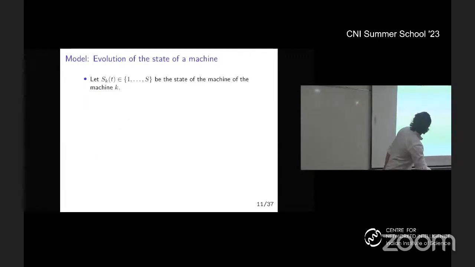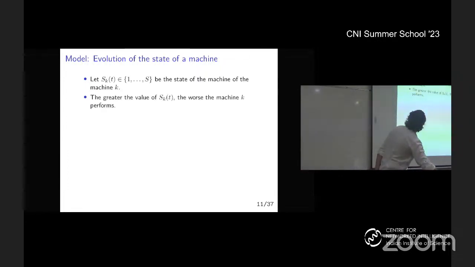So let's try to be a bit more precise with the notation. I will just try to keep it as simple as possible. Let's say that Sk of t is living in a finite set, which is the state of the machine k at time t. And basically, the greater the value of Sk is, the worse the machine k performs. Okay.